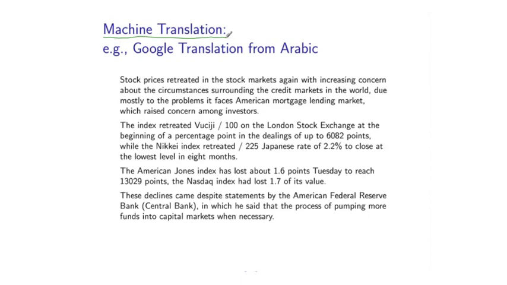So here I have an example translation from Google Translate, which many of you will be familiar with. This is a translation from Arabic into English. And while these translations aren't perfect, you can still understand a great deal of what was said in the original language.